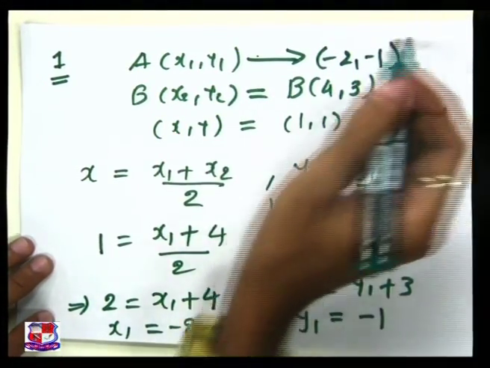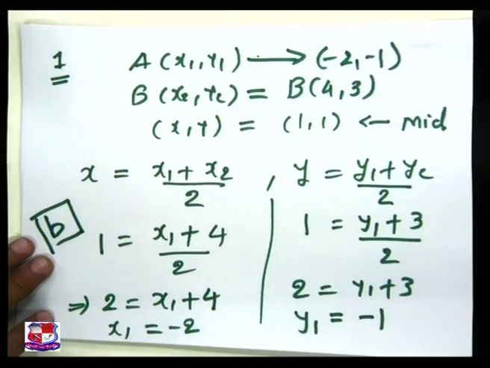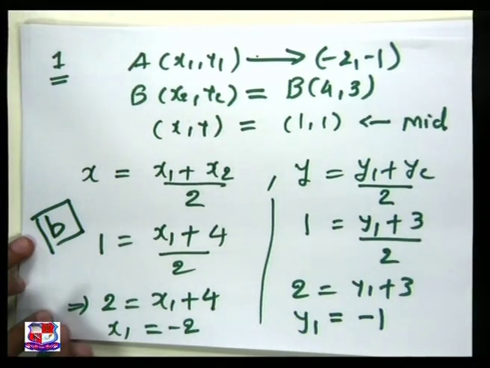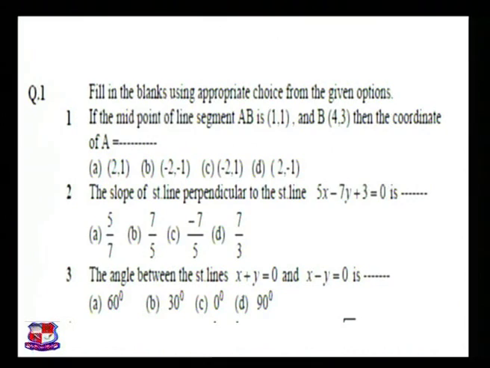So the answer is option B, that is (minus 2, minus 1). For the first question, the answer is B. Let us quickly look at the second question, which is based on the line.